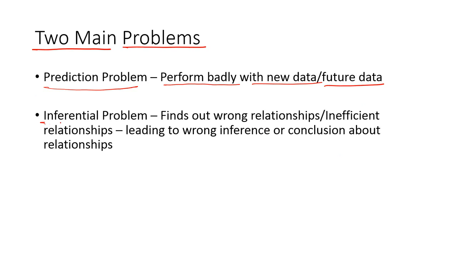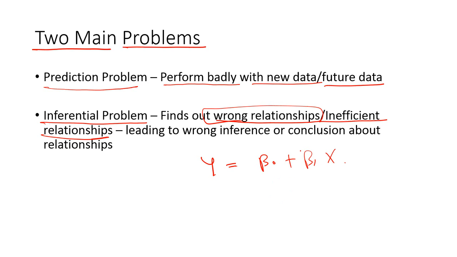In the inferential problem, you will find a wrong relationship, or rather an inefficient relationship, between two variables. So if you are building a model y equal to beta naught plus beta 1 x, and it says that x and y have a non-linear relationship, whereas they have a linear relationship, having an overfit model can give you a very wrong relationship.